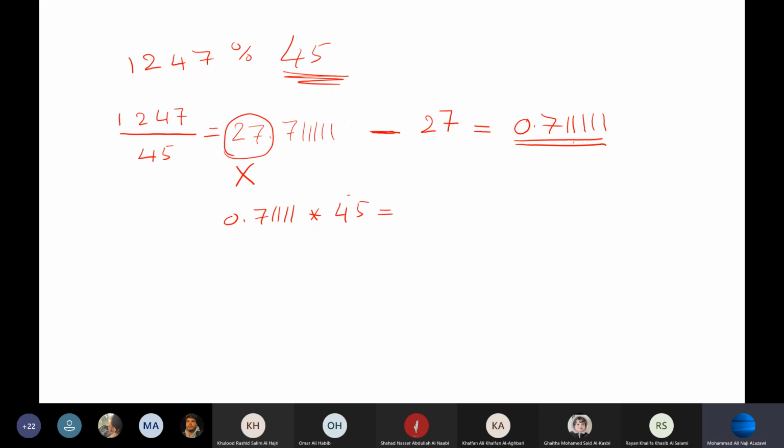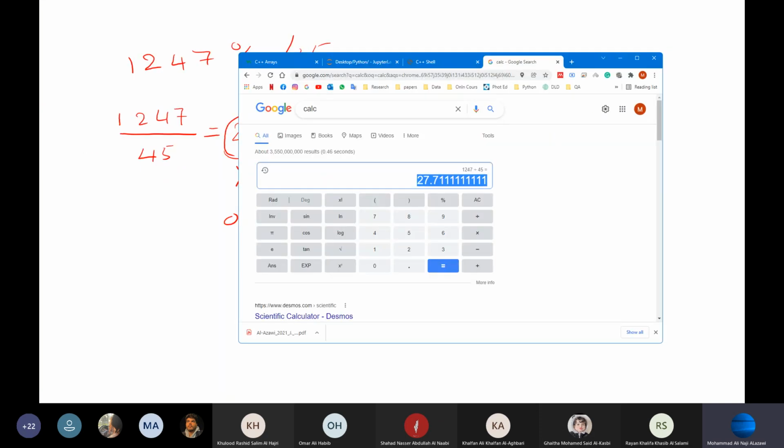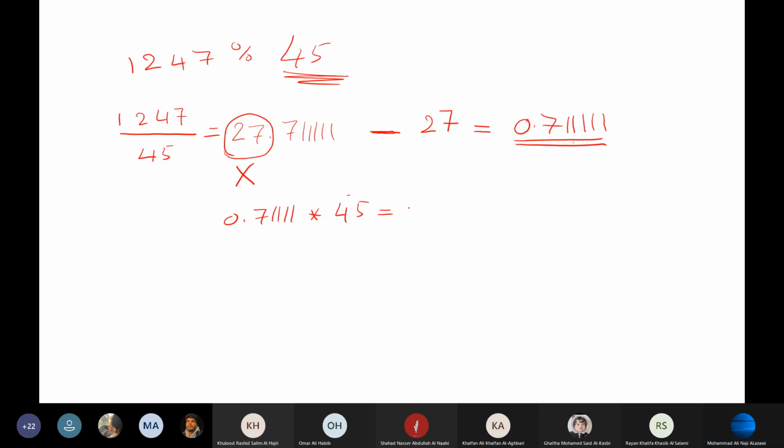This will give you, let's see what will be the result. I'll subtract 27, it's easy, equals, multiplied by 45, this equals 32. So the result will be 32.